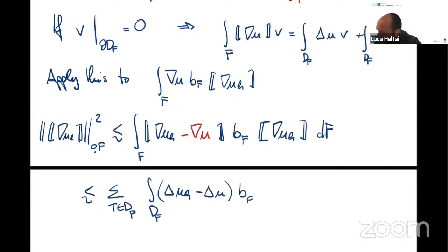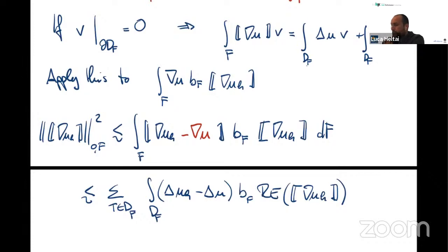And now I take the lifting of the gradient of UH, because I want to move this inside in such a way that I get the correct function inside.